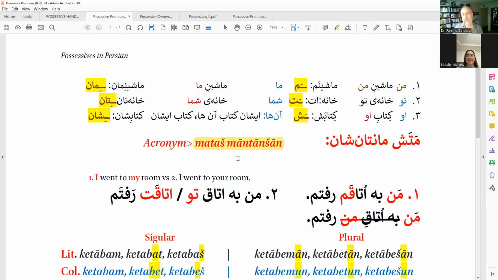So now back to this idea of these possessive pronouns I explained before, that in fact there are synonyms, whether you would say machine man or machinam or khane-am. They are absolute synonyms, but there is one exception here.